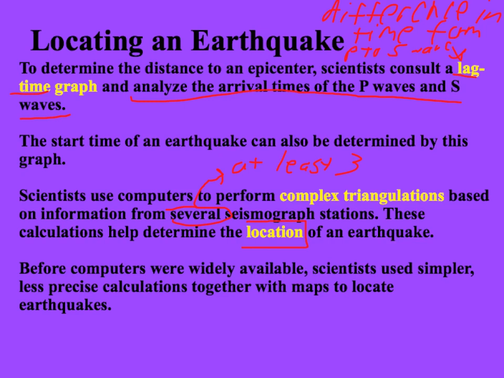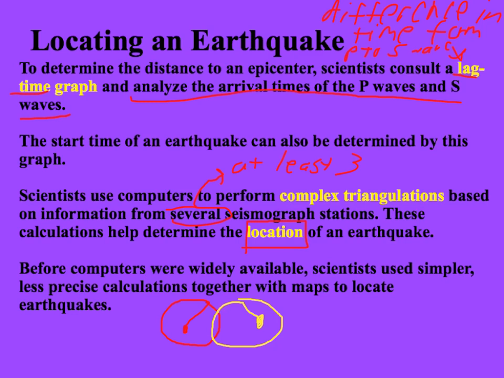And we do this by drawing a circle from each location, and there should be one spot where all of these circles hit. So let's say we have an earthquake. One city, it is this far away from. A second city, it is this far away from. That's narrowed us down to 2 points.